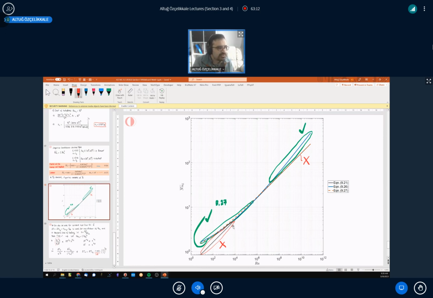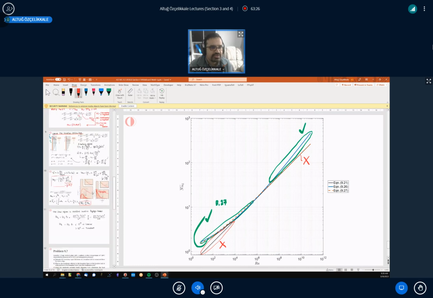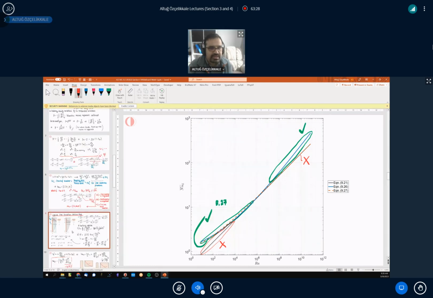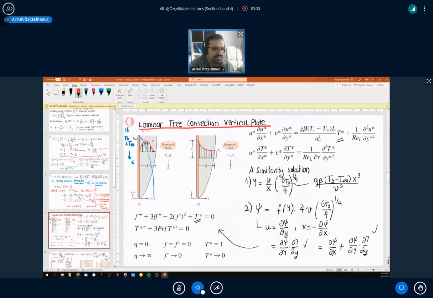When the speed of the flow decreases in the axial direction, that means the energy is not carried by advection alone anymore. There are conduction effects across the axial direction of the flow. I think I have a graph. Let me show you over here. So as this velocity diminishes, the energy transport across this vertical direction is no longer by advection only.